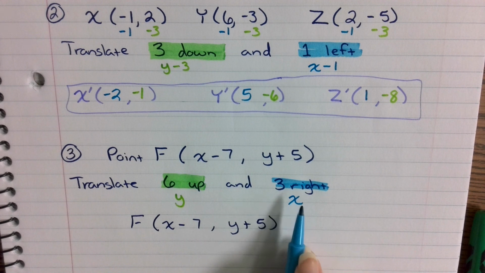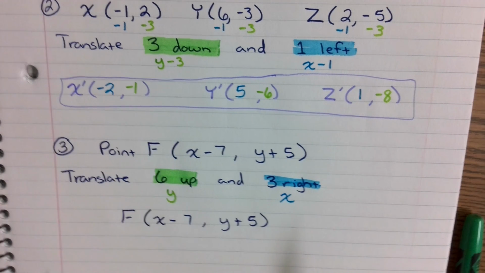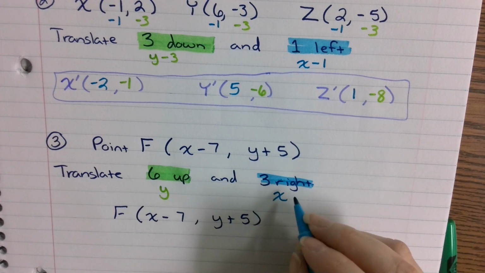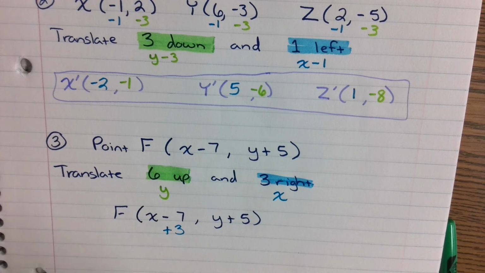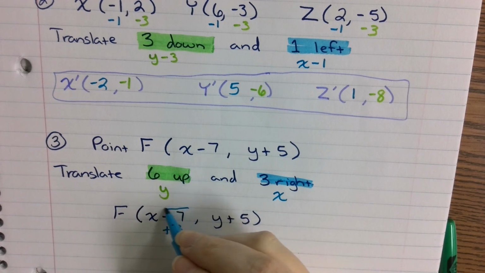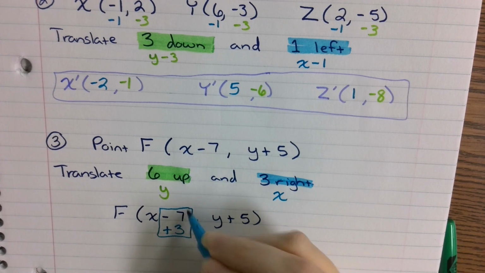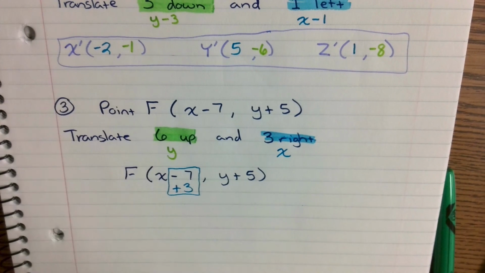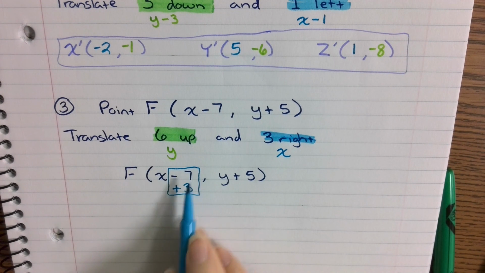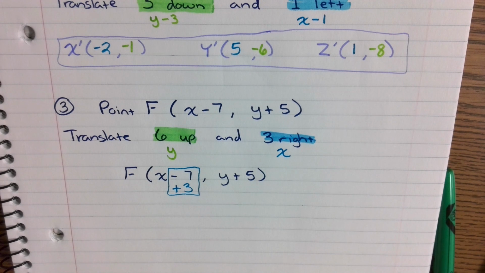When it says I need to go 3 to the right, that means I'm going to add 3. The only thing that I can add 3 to is this right here. Since it says x minus 7, that acts like a negative 7. What is negative 7 plus 3? Negative 4.